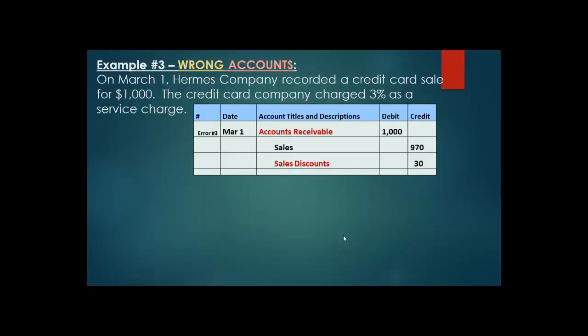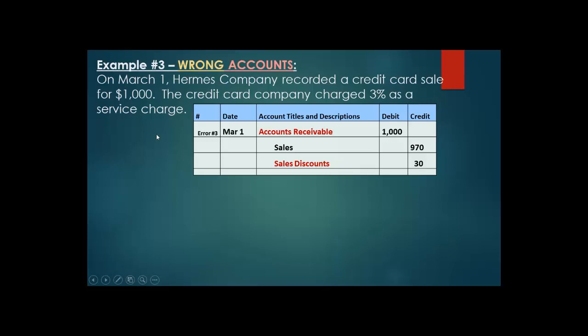Now, third example. We've got wrong accounts, and actually we've got wrong amounts here too. Hermes Company recorded a credit card sale for $1,000. The credit card company charged 3% of the $1,000, which is $30, as a service charge.